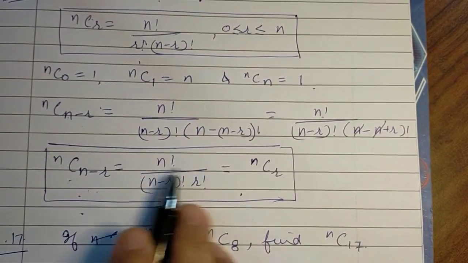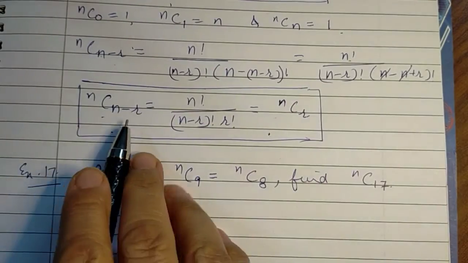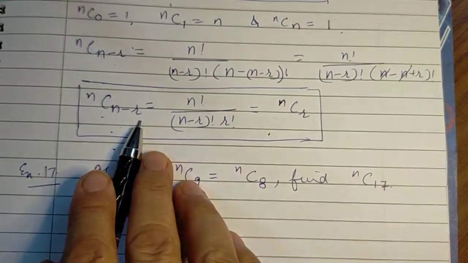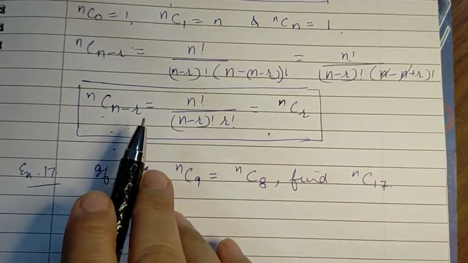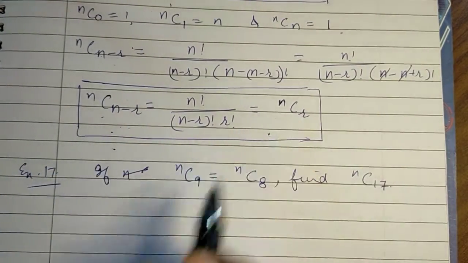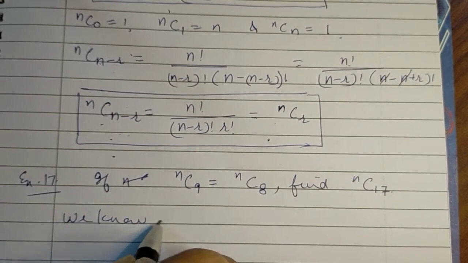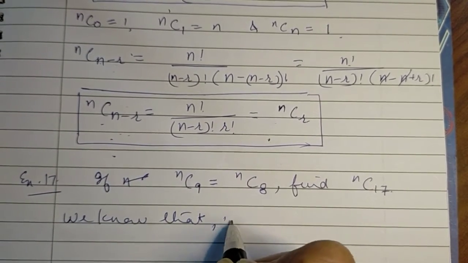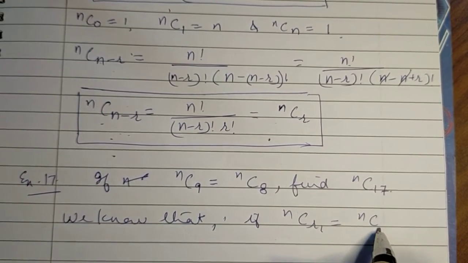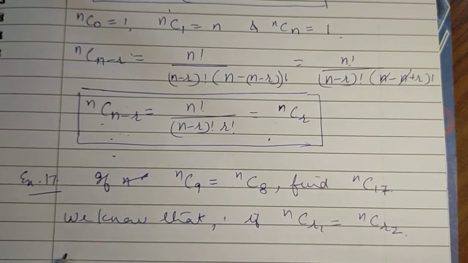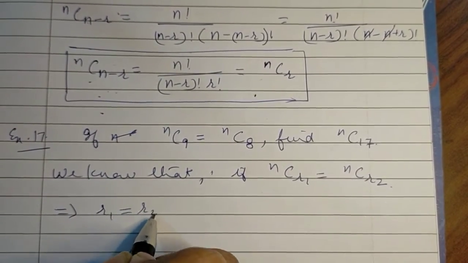Now from this, what do we observe? Suppose we know that if nCr1 equal to nCr2, it will obviously mean r1 equal to r2.